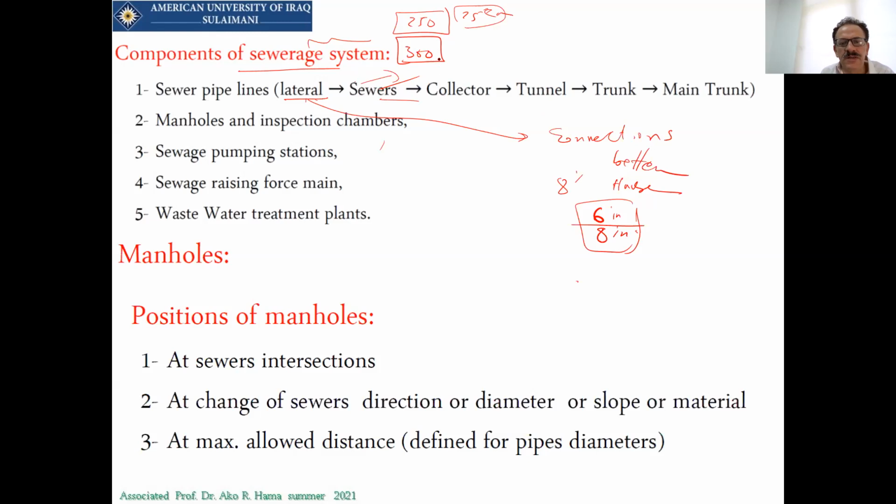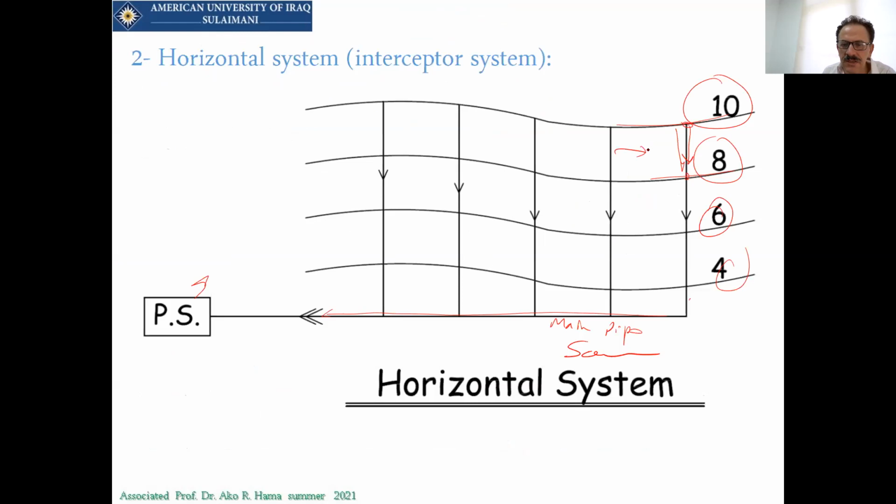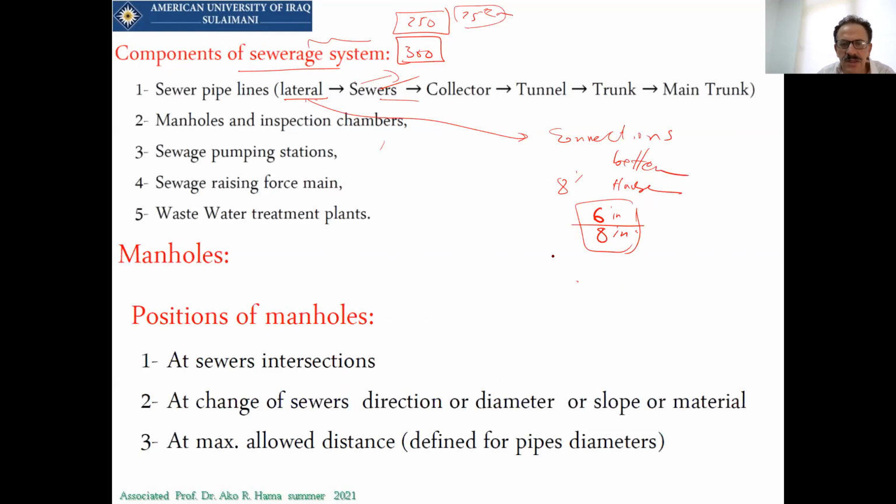Now after that, here are the laterals. These are laterals, and there will be collection from the mains, and the mains are tunnels, trunks, and the main trunk. The main trunk means the main station. We have manholes and inspection chambers. We have sewage, and we have rising force main and wastewater treatment.